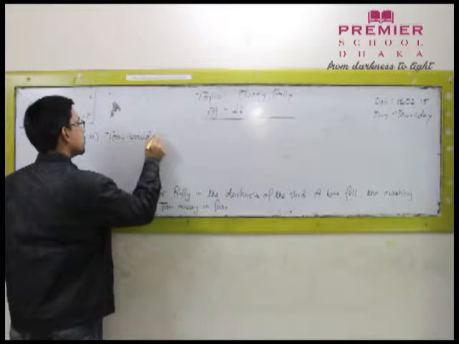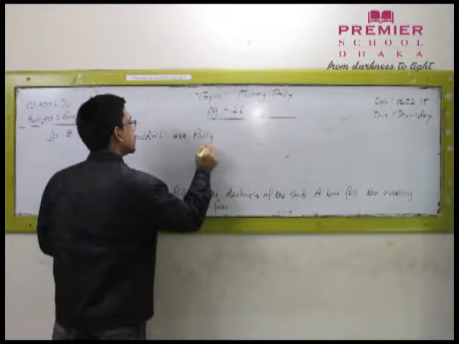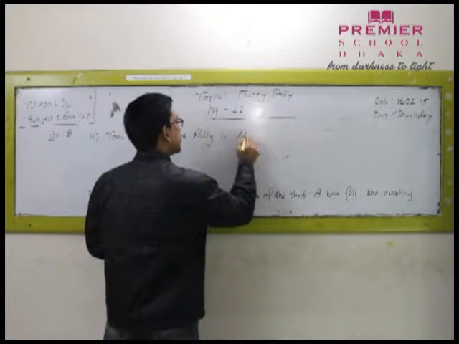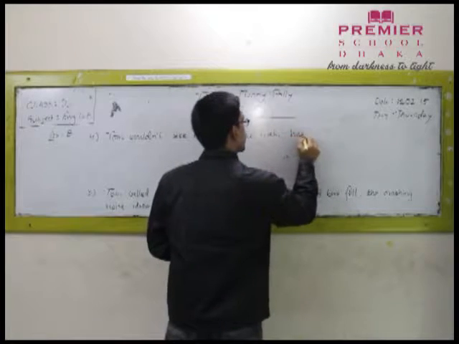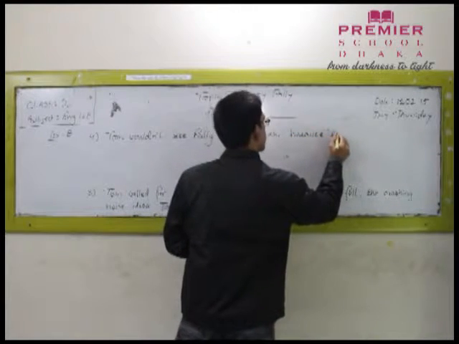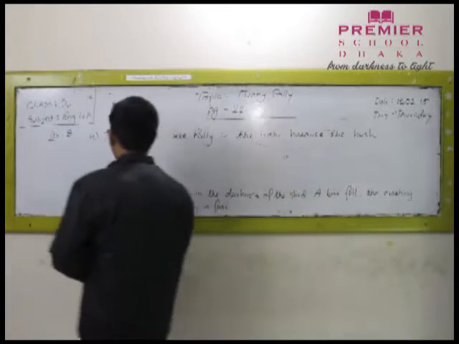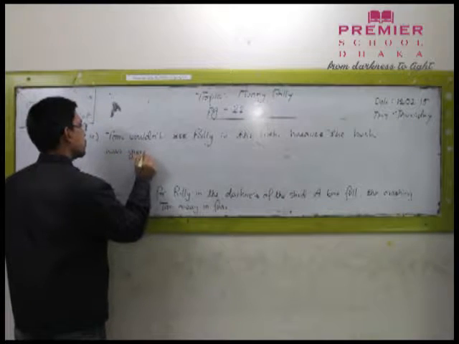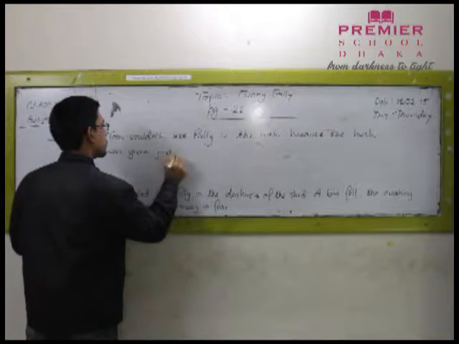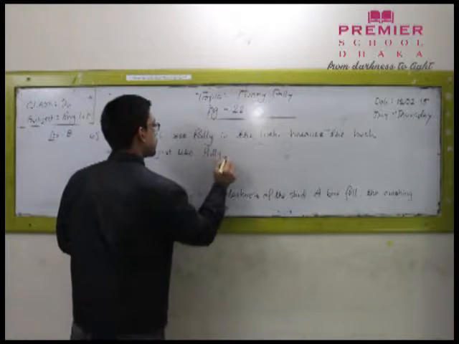Tom couldn't see Polly in the bush because the bush was green, just like Polly.